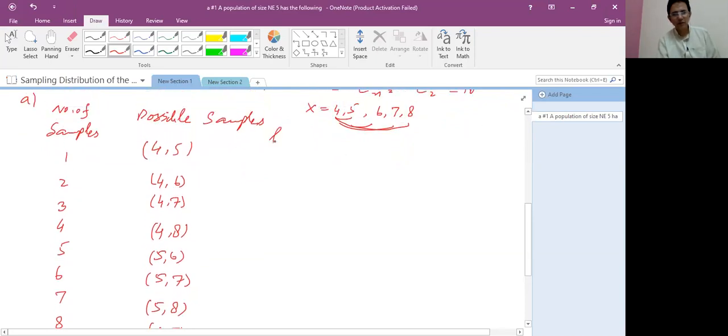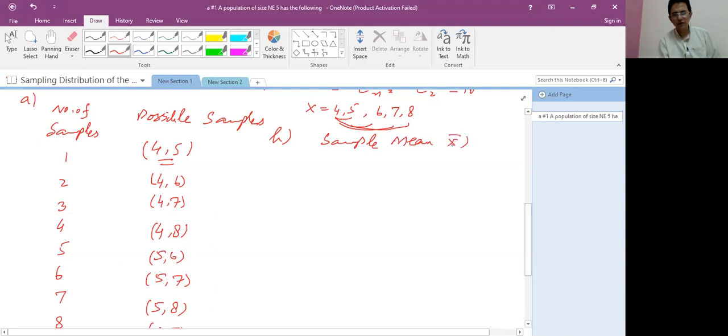Now part B: calculate the mean for each sample. Find the sample mean x bar for each sample.